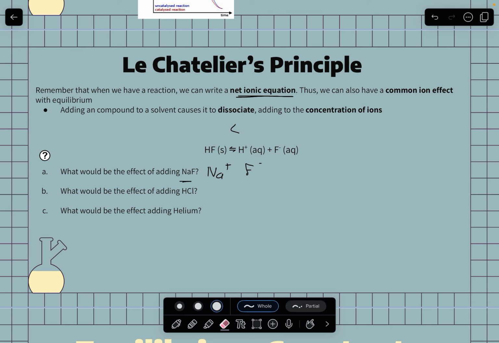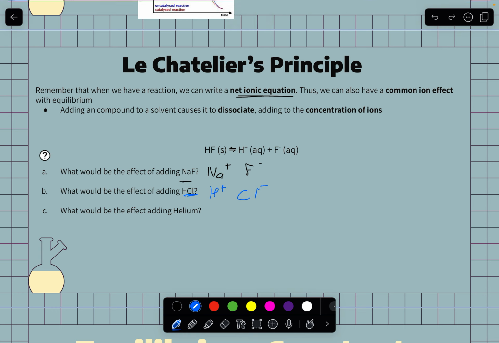Then look at B. B says HCl. HCl is H plus and Cl minus. The H plus is right there. It's a product as well. So if we increase the products, we're going to reactants, the same effect.